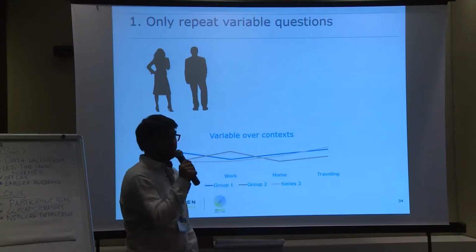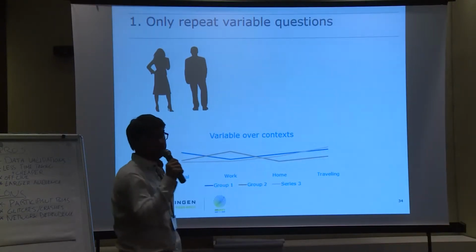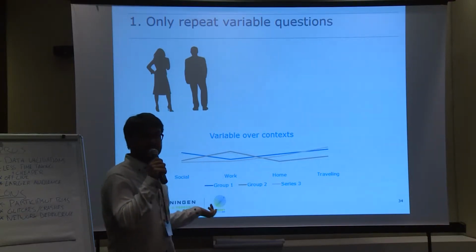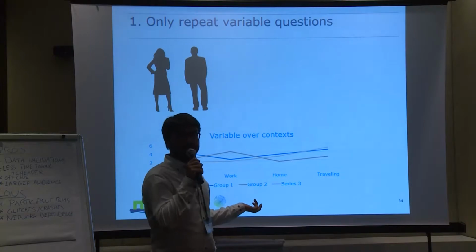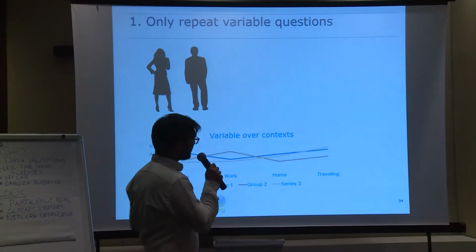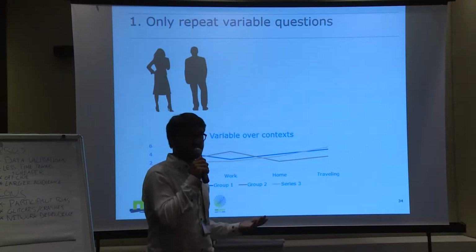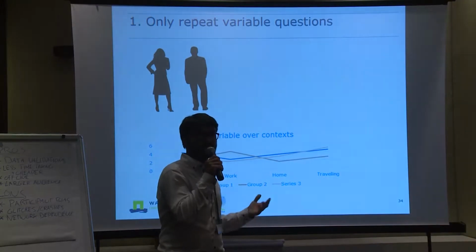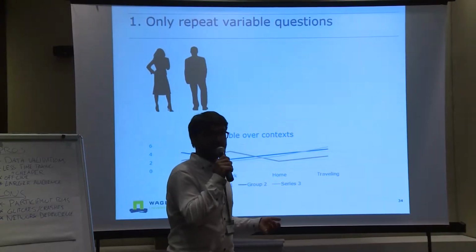So what I meant with only use variable questions: a very easy example is that somebody's gender is not very likely to change within a week, so you only ask it once. Sounds rather silly, but there definitely have been people that said, okay, this is my questionnaire and I want to see how this changes over time, so I'm going to repeat these questions.